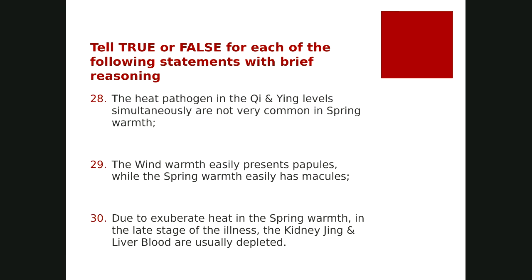So this one tricked us. They are very common due to heat. It moves so fast, so both qi and yin levels are attacked by the pathogen heat. In spring warm, this is a kind of common pattern presented in spring warm conditions in Wen Bing.